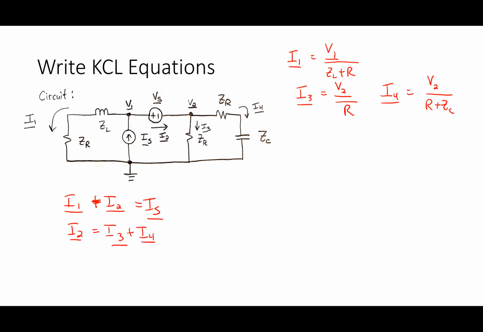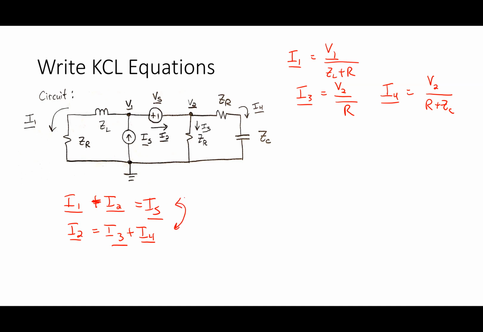I could combine those into my supernode relationship. The whole idea of the supernode is that whatever is coming into one side of that voltage source is going out the other side. So how do I write the currents there without combining these two equations?